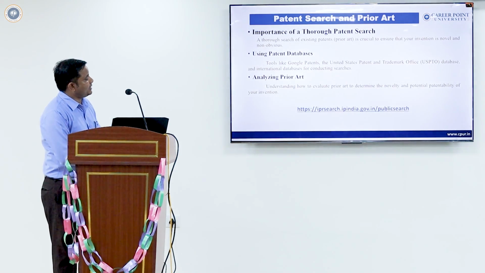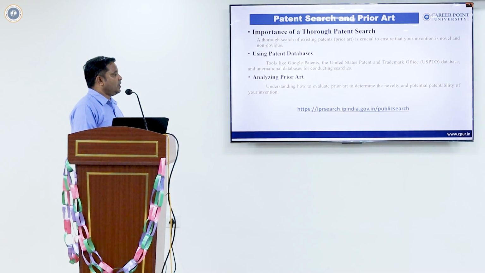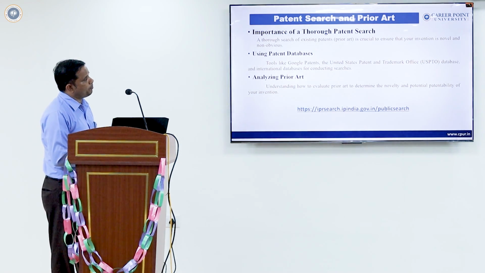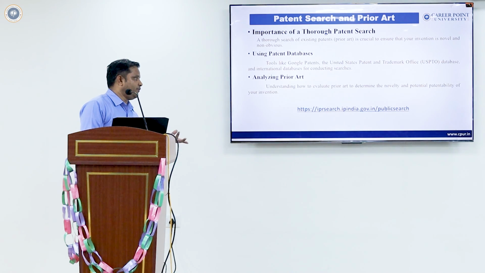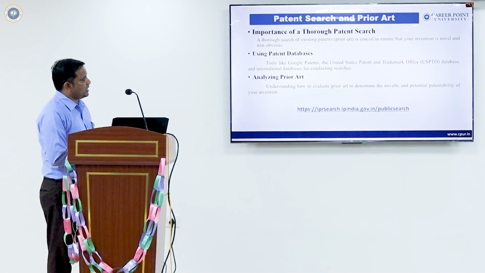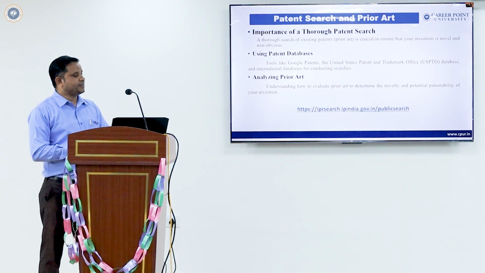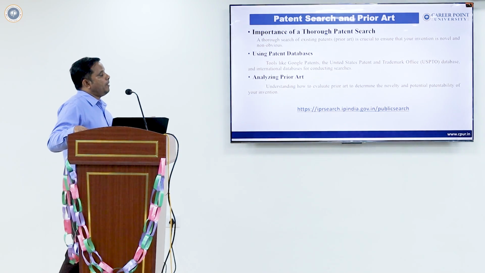Moving on next, these are some specific details about the patent search. If you are willing to search or find any published or granted patent, we can easily visit the site ipresearch.ipindia.gov.in/public search. This is the website where we can easily find published patents.